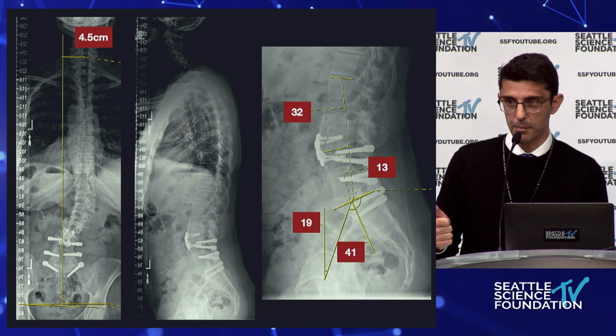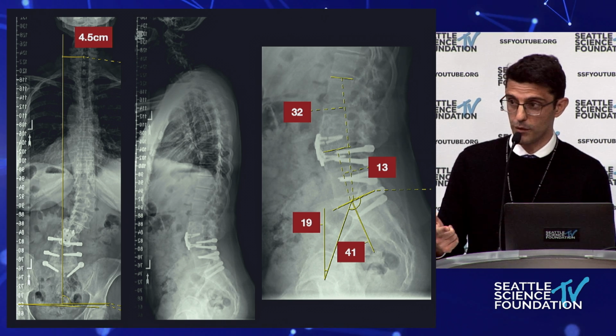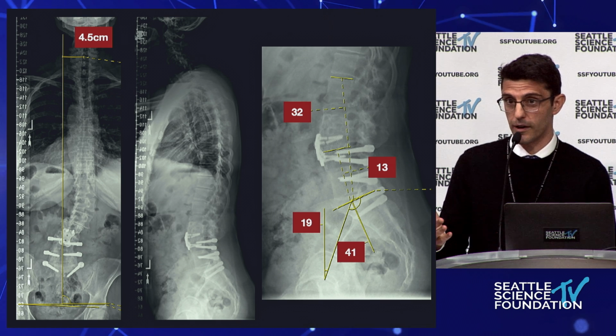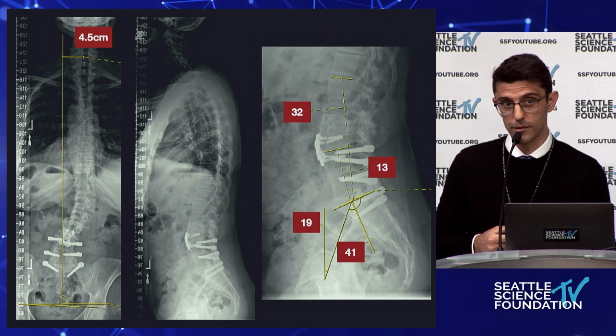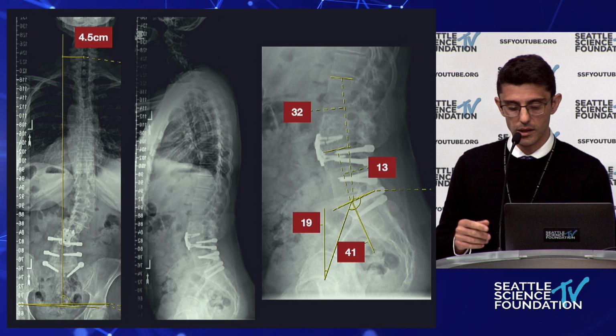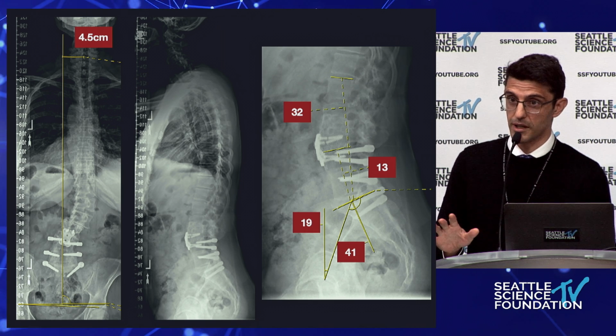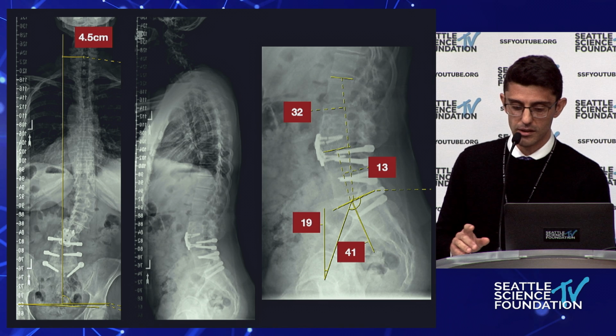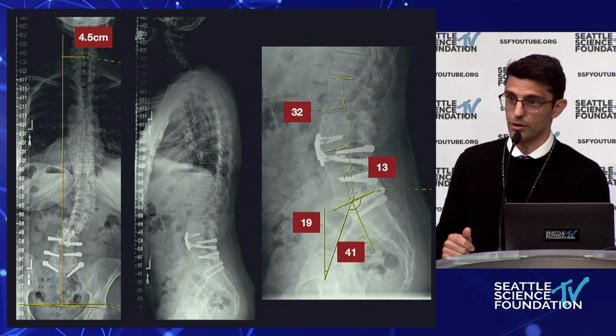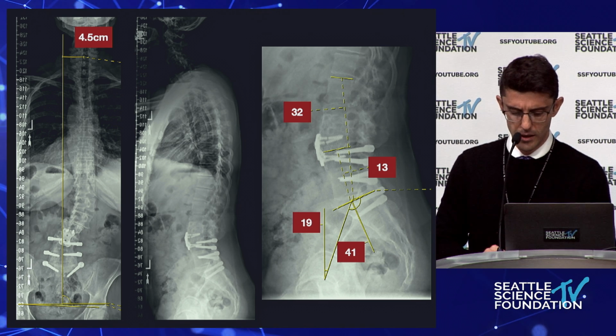So she's a low PI patient, 41 degrees. Her pelvic tilt is 19, which by Schwab modifiers would be normal, but per our understanding of normal alignment, this is high. Her L4 to S1 lordosis is completely inappropriate. It's 13 degrees, and her global lordosis is 32 degrees.